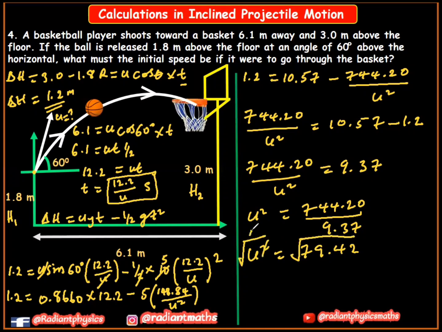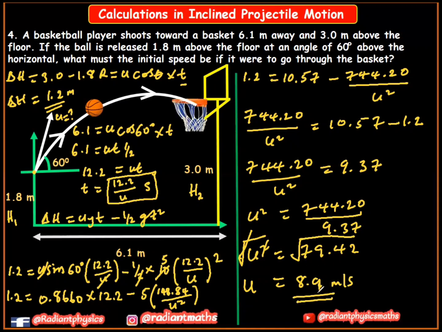So this cancels out this. We are left with only u. So the square root of 79.42, the calculator gives 8.91. But to one decimal place, we are going to write our answer as 8.9 meters per second.